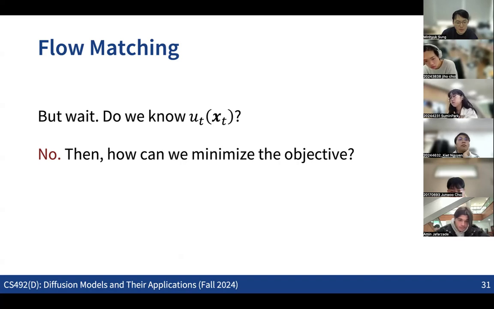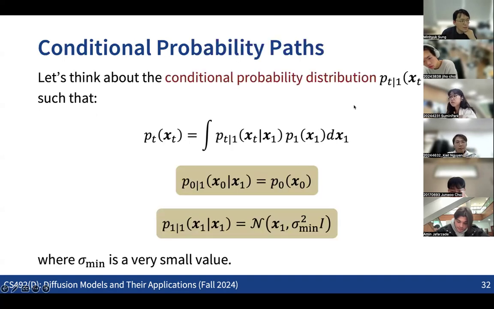So we are going to discuss an interesting idea that allows us to learn this vector field without having the ground truth vector field. For that, we are going to look at a conditional probability distribution. Let's think about the conditional probability distribution p(xt | x1).